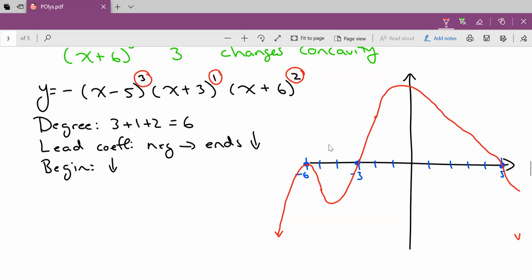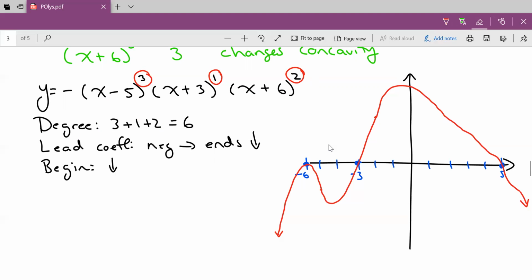If you can kind of see there, I just changed concavity just a slight bit. Now I went from concave down to concave up, and there's where my graph is going to end. So technically degree 6 is beyond 30-1, but we just drew one.